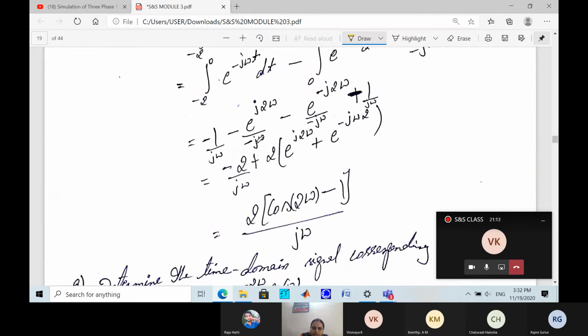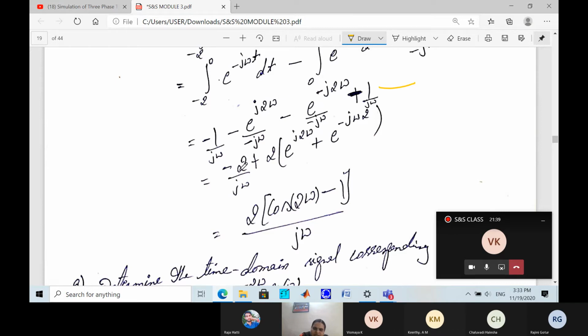After solving, you will be getting this equation as -1 divided by j omega minus e raised to j2 omega divided by minus j omega minus e raised to minus j2 omega divided by minus j omega minus 1. Then rearrange the equation for these two.